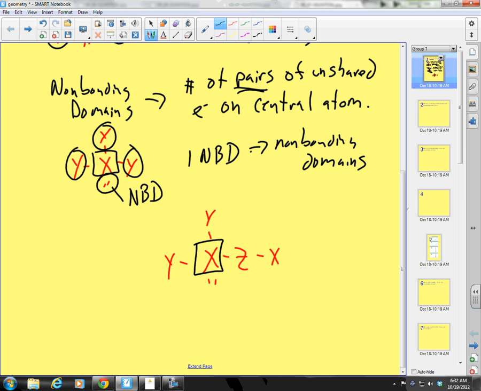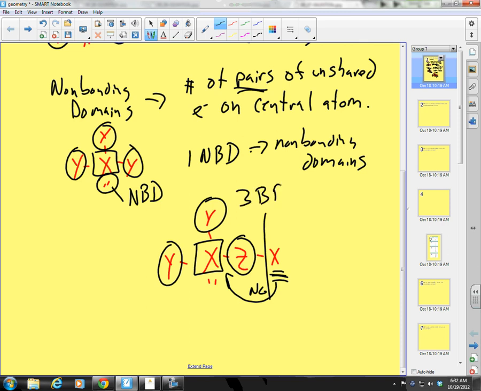So we'd say, hey, how many atoms are directly bonded to my X? 1, 2, 3. What about this X over here? Is that directly bonded to this X? The answer is no, it's not. So we don't even worry about that. We still would say this has 3 bonding domains, and 1 non-bonding domain. We're only looking at what is directly on our central atom.